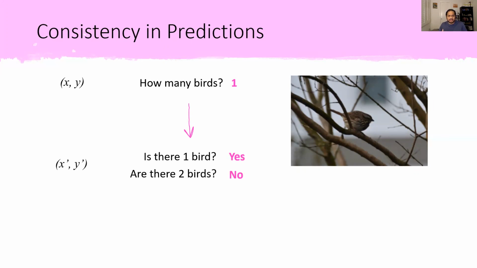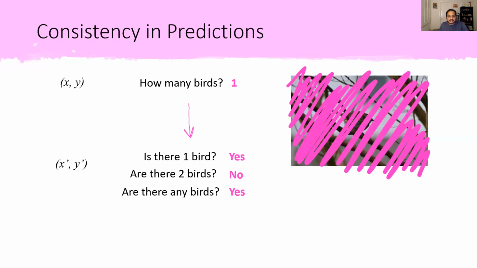You'll be like, well, you said 1, so clearly there can't be 2 birds. And if I say, are there any birds at all? You will say clearly, yes, there are some birds, right? So these are all question answer pairs that are logically implied by the original one. And so if a model gets the first one correct, and it's logically consistent with itself, it should get all of these correct. Maybe not too much of a surprise.